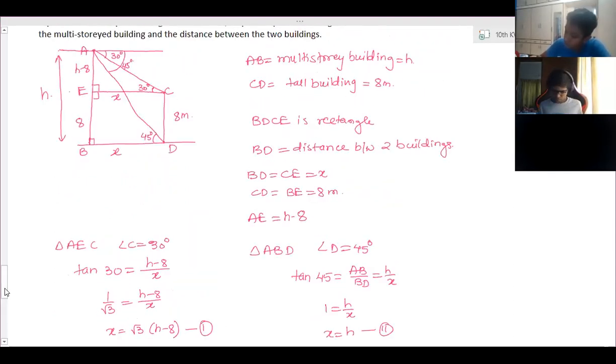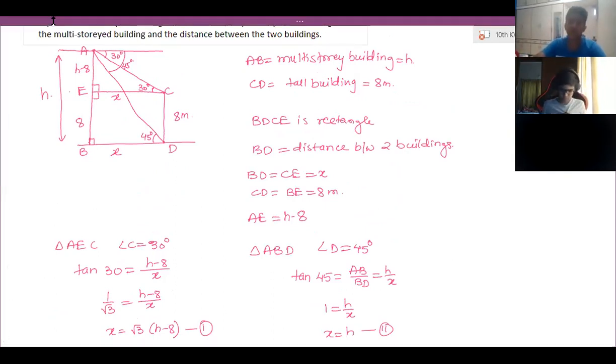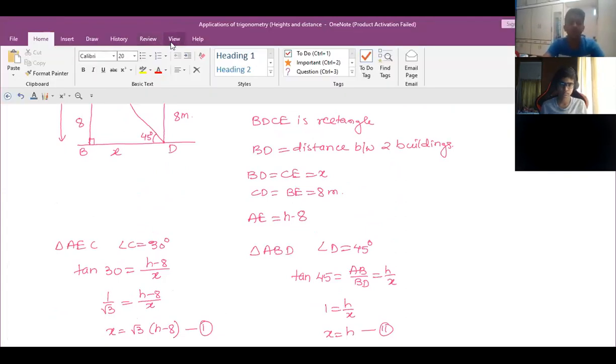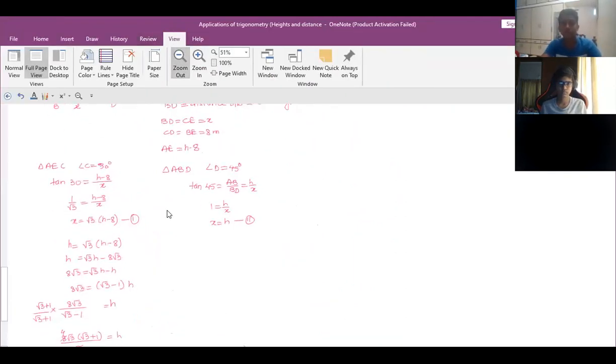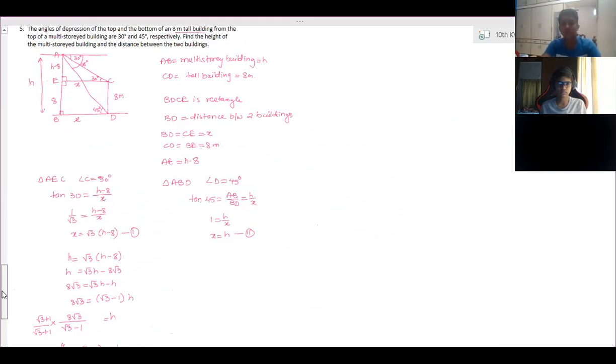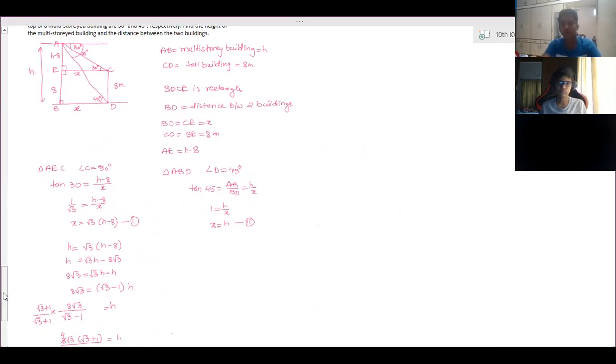Clear? Are you able to see? Or very small? It's okay. Note down then properly.